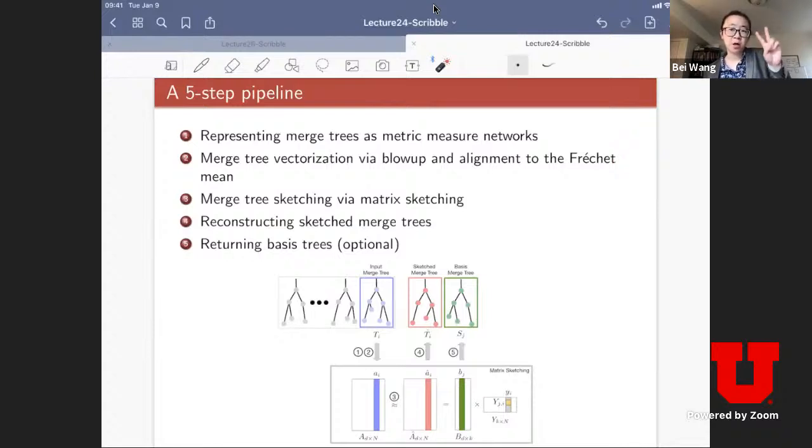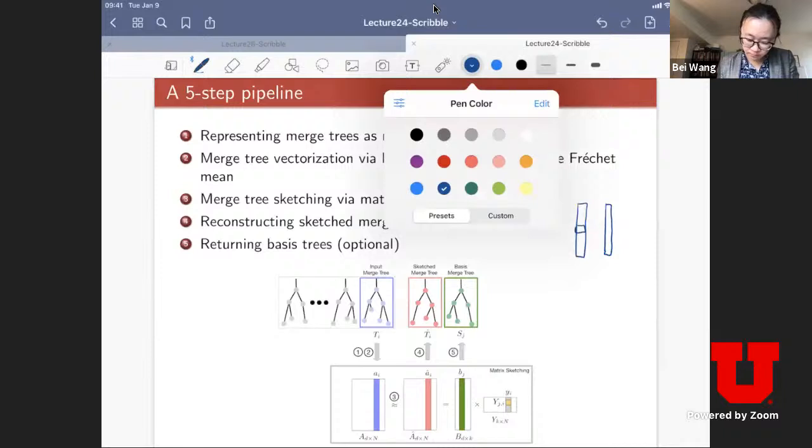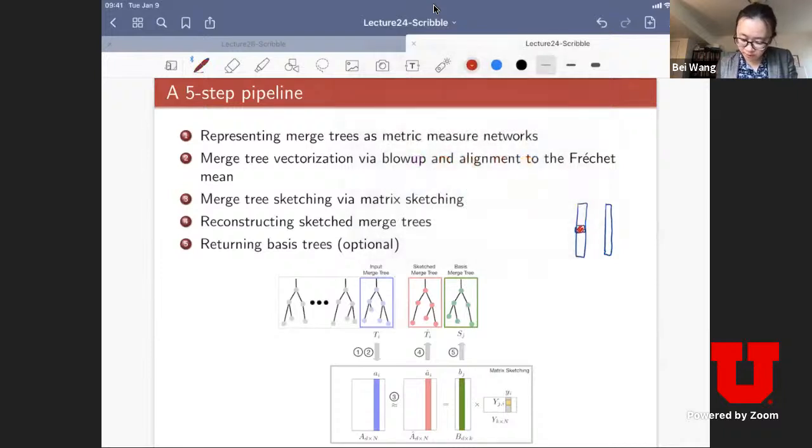If we are mapping two merge trees into high dimensional vectors of the same size, we need to be aware that once I map them into two vectors of the same size, their corresponding dimensions, for example, the fifth dimension of this high dimensional vector coming from this merge tree, have to have some form of correspondences.